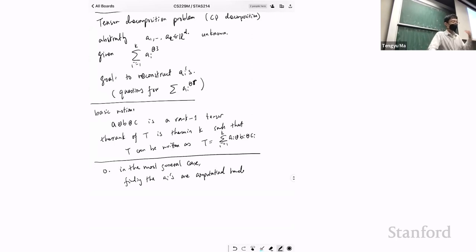It's powerful because here there's no rotational invariance. I guess this no rotational invariance you have to interpret in a careful way. What I mean is that the sum of a_i tensor 3 is not the same as the sum of the rotation of a_i tensor 3.